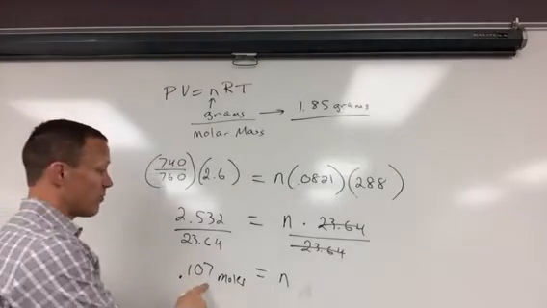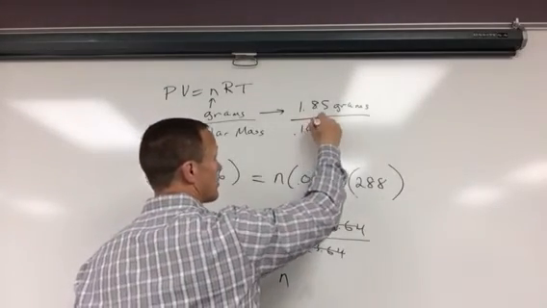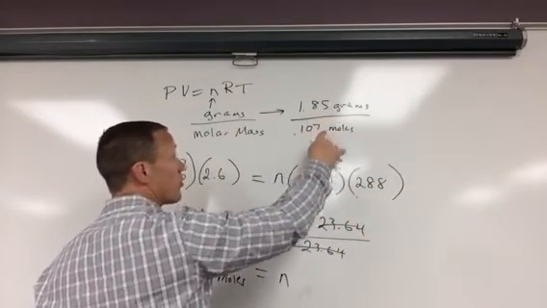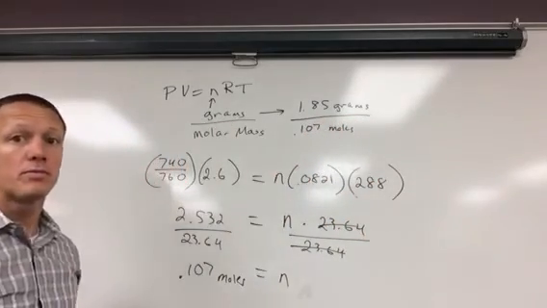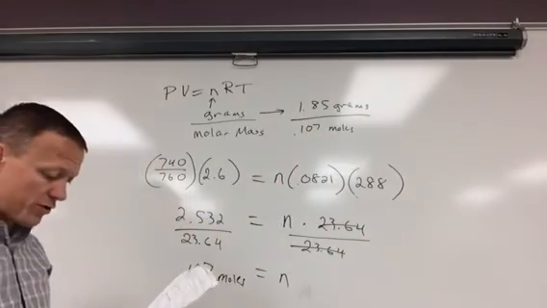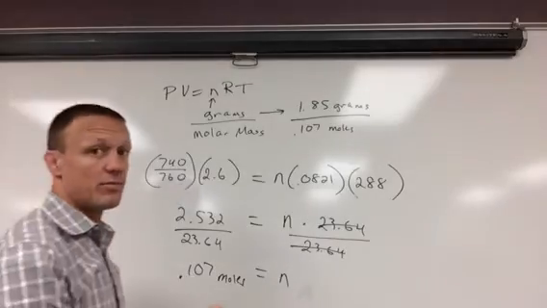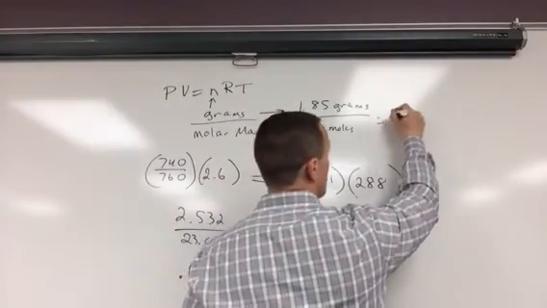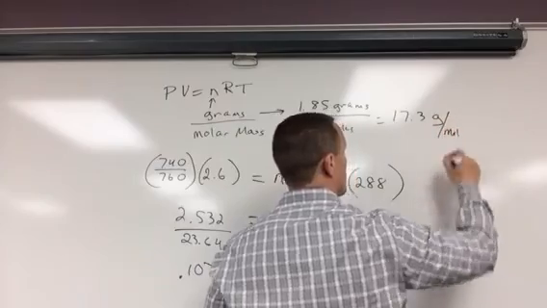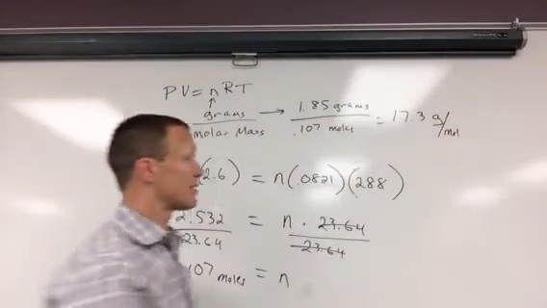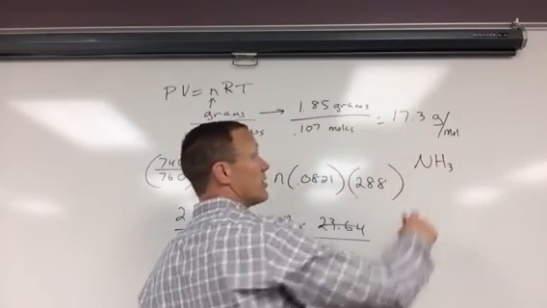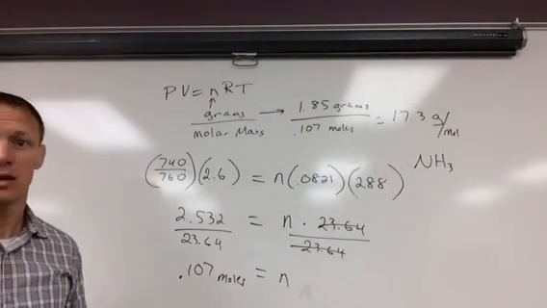If I divide the grams by the number of moles, 0.107 moles, that would tell us how many grams there are per mole. So go back and use the 1.85 grams divided by the number of moles. If we do that, we get 17.3 grams per mole. So that's the molar mass. That might be a gas like NH3 or something like that, which is 14 plus 3 would be 17. So maybe that's ammonia gas.